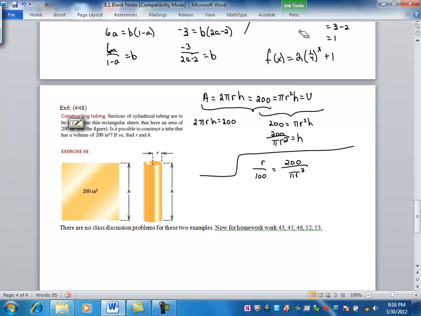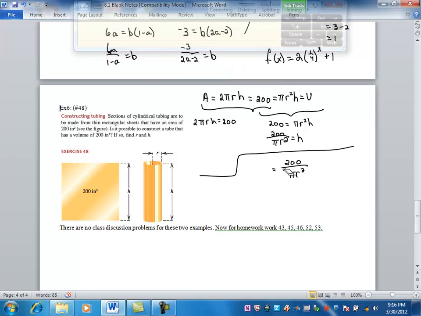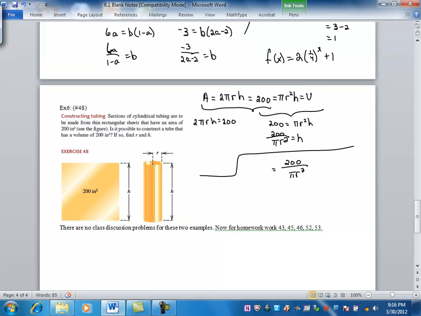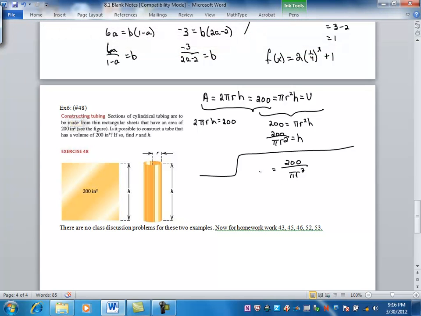And get our eraser to work here. There we are. And so, yeah. We've got H down here equal to 200 over 2 pi r.